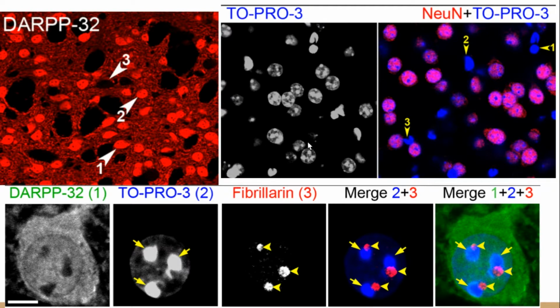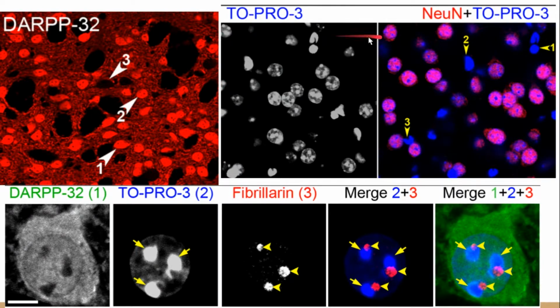And the pattern of medium spiny neuron nuclear staining is distinctly different from resident microglial cells of the striatum. So the glia are much smaller. This would be a glia, this would be a glia, this would probably be a glia, this would probably be a glia. So the glia are much smaller, and their nuclei stain very brightly with DAPI or other chromatin-dependent nuclear stains.